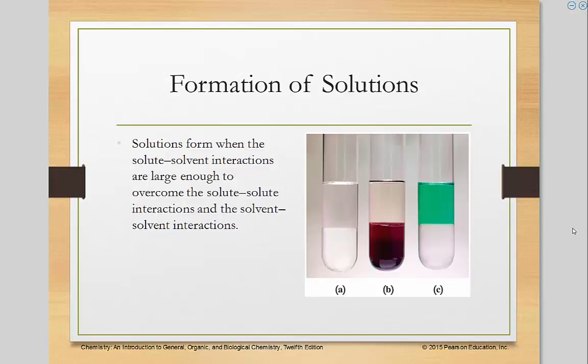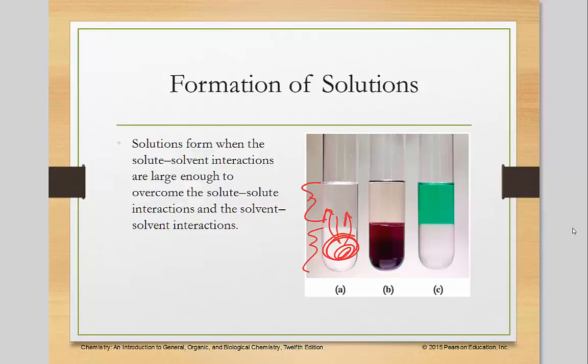In order for something to dissolve, here we have part of a solution, and here we have part of a solution before it's mixed together. The interactions amongst these molecules need to be broken up so that they can actually interact with the other chemical.